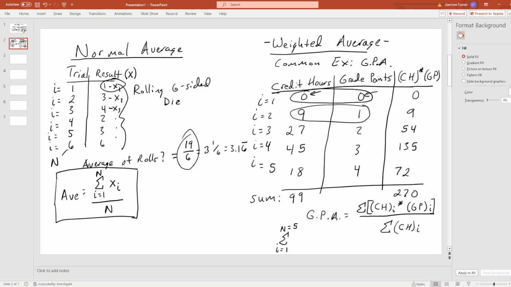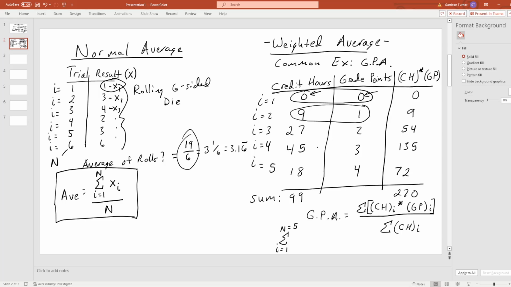I have 0 credit hours with a grade point of 0. But I have 9 credit hours at a D. So if those were each 3-hour, typical classes, then I would have earned 3 Ds on my transcript.